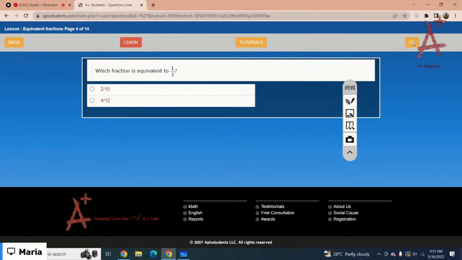Okay, which fraction is equivalent to 1 over 3? Which is the correct option?